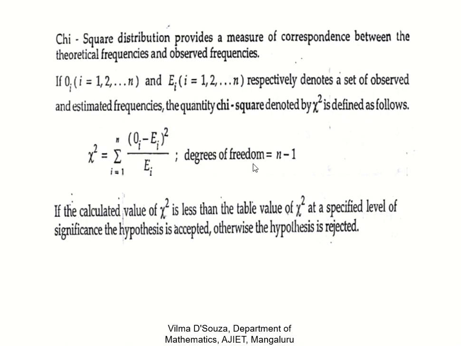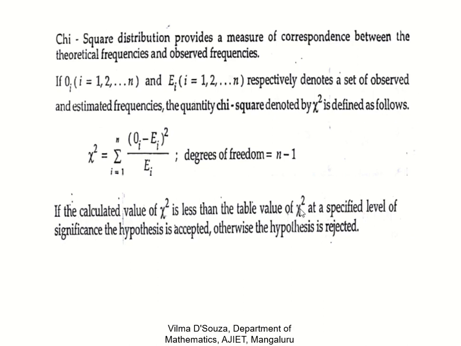Chi-square again depends on degrees of freedom. If the calculated value is less than the table value at a specified level of significance, either 5% or 1%, then the hypothesis is accepted. Otherwise, the hypothesis is rejected.